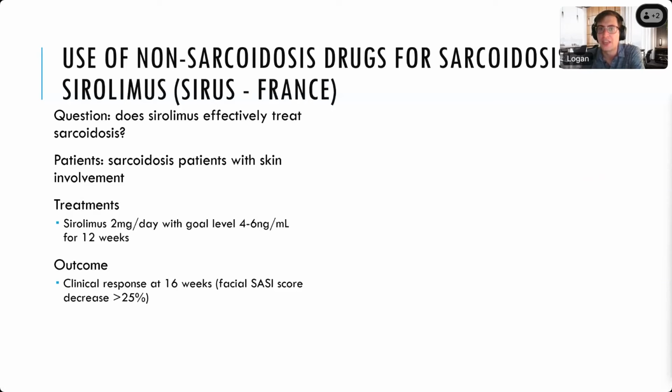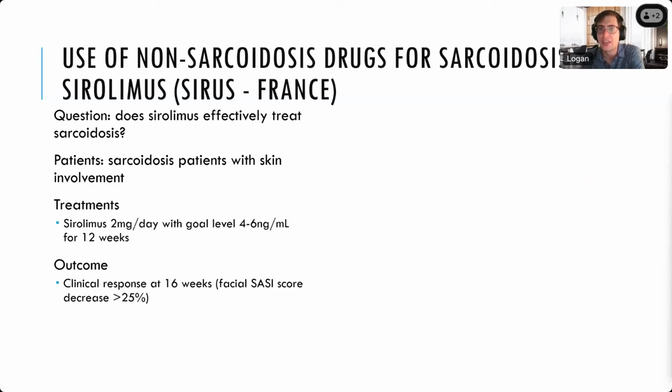This is a drug commonly used in patients who have had organ transplants as an immunosuppressive drug. And there's some data that the pathway that this drug targets may be actually particularly relevant for sarcoidosis.